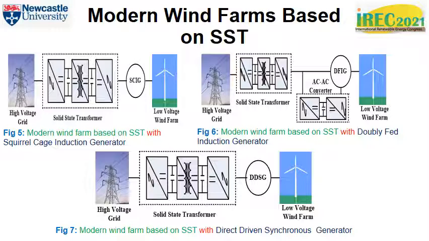In this configuration, the partial back-to-back AC to AC converter is retained, whereas the SST replaces the STATCOM and the two transformers. Figure 7, on the other hand, is a block diagram of solid-state transformer-based wind farm with directly driven synchronous generator, where the solid-state transformer replaces the STATCOM, the two transformers, and the full power back-to-back AC-AC converter.